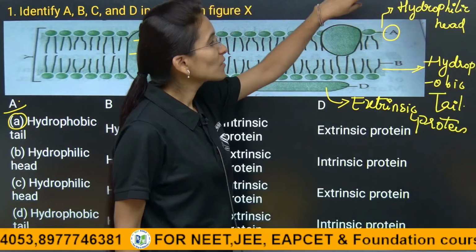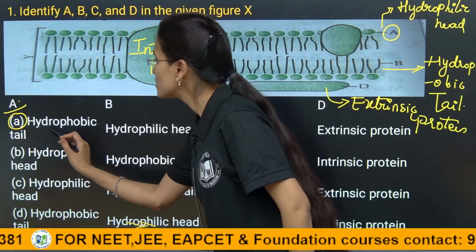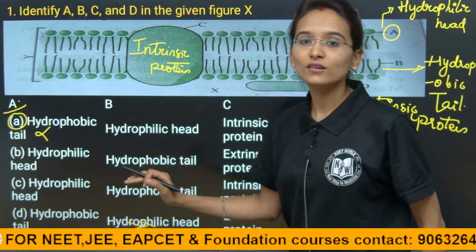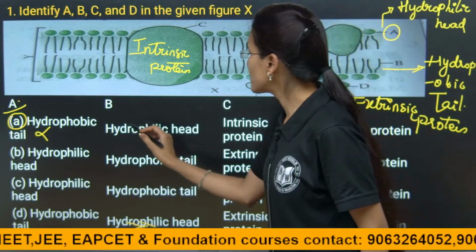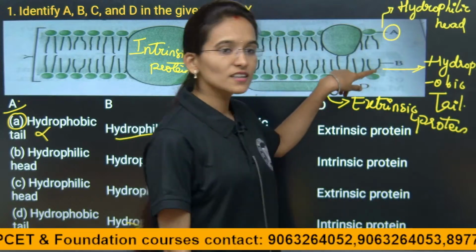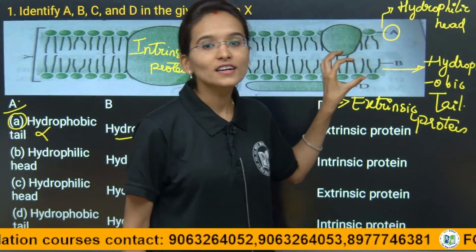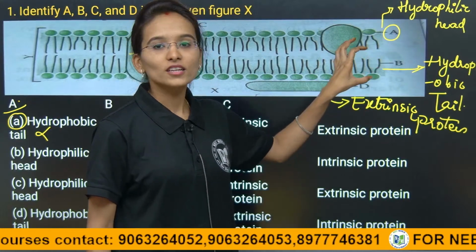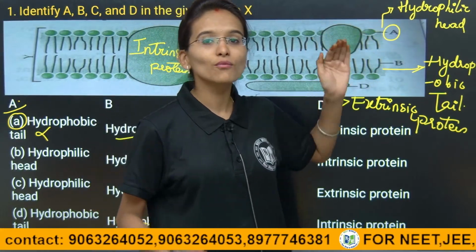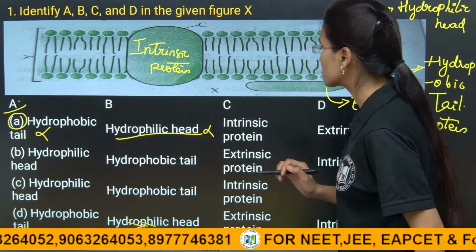A is hydrophilic head, so it is not hydrophobic tail, so the given option A is wrong, okay. And next B is hydrophilic head, okay. What does B represent here? Is it hydrophilic head? No, it is hydrophobic tail, okay. It means it is water hating, hydrophilic head in the sense water loving. So again here option B is also a wrong statement, yes.